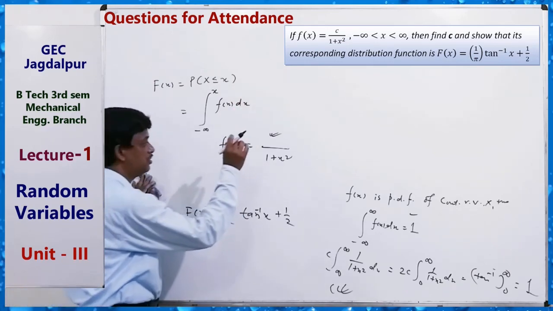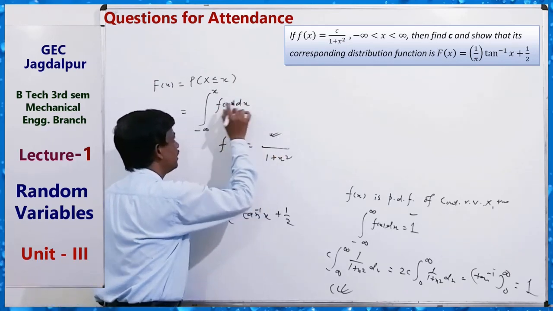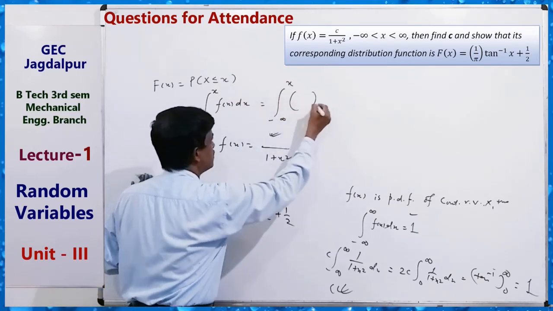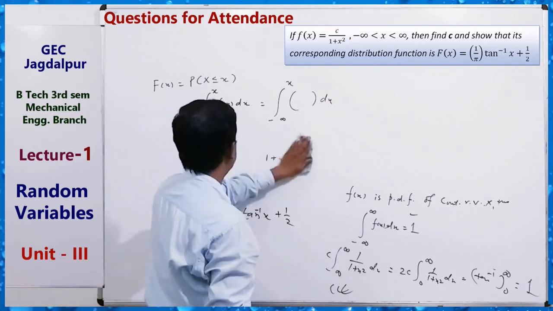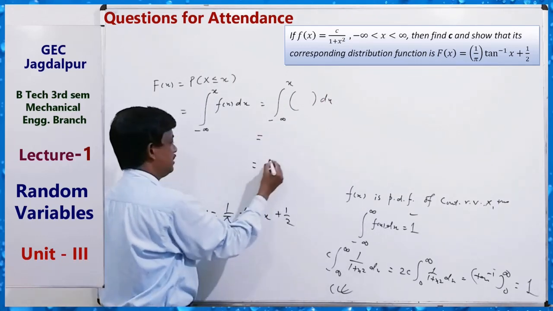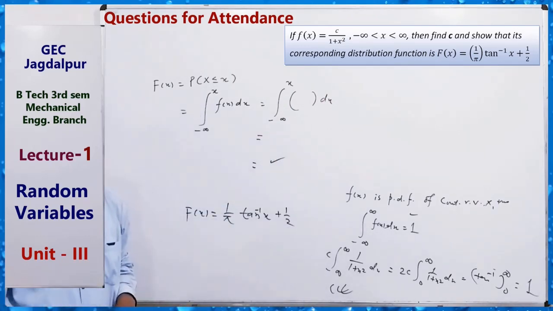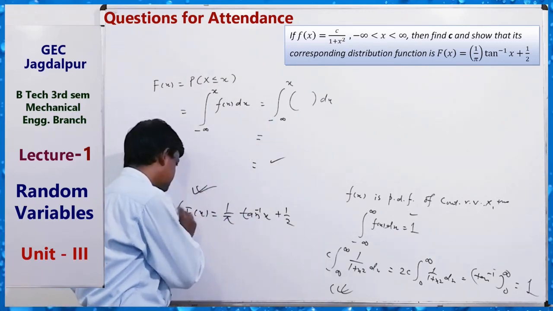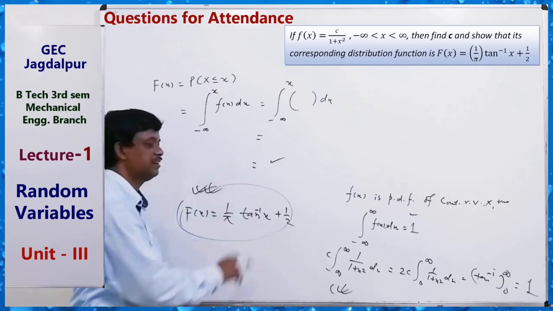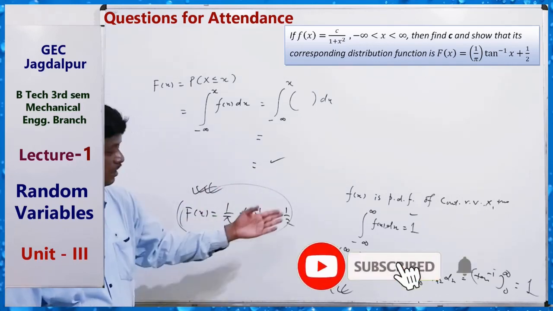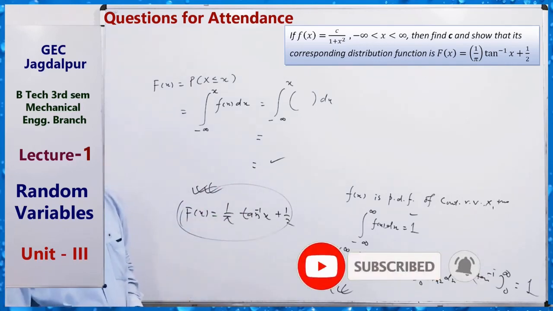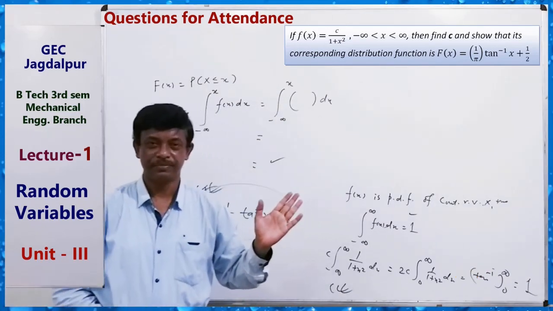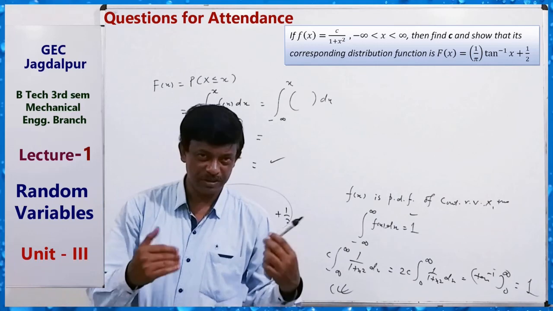Now just put the value of this here, minus infinity to x, and the value is there. Now integrate it. Clear? So after integration you can get a value like this. Okay? So these 3 questions are for your attendance. Do it. Okay? And send it to me for your attendance.